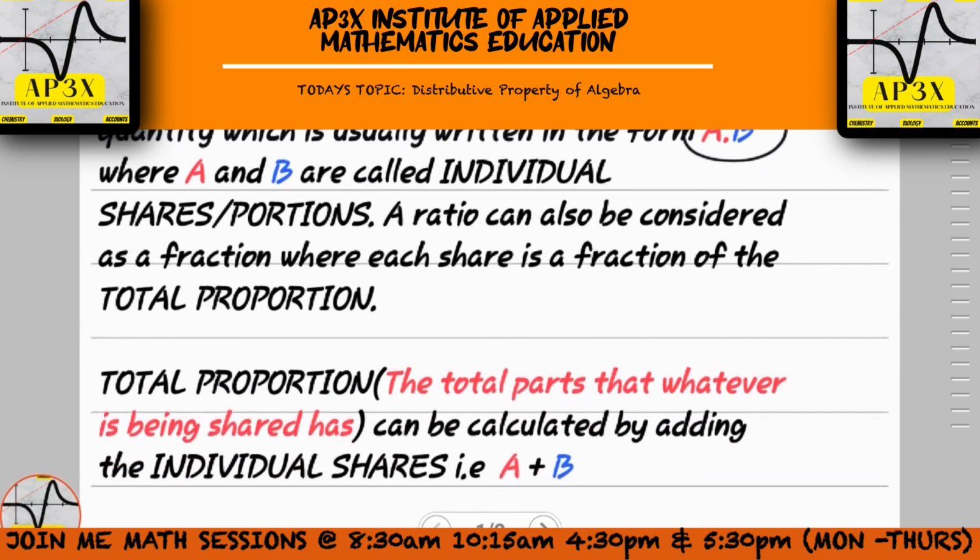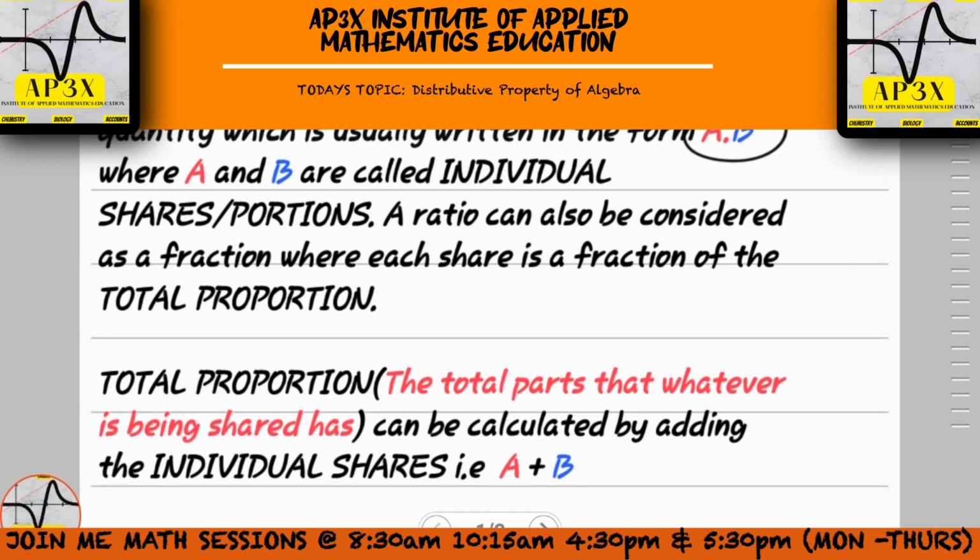Now, a ratio can be considered as a fraction. Of course, yes, it can be. A ratio can be considered to be a fraction where each share is in fact a fraction of the total proportion. So, in other words, when I'm teaching my students this in my live classes, what I normally explain to them is that the total proportion represents the amount of slices that this particular quantity has.